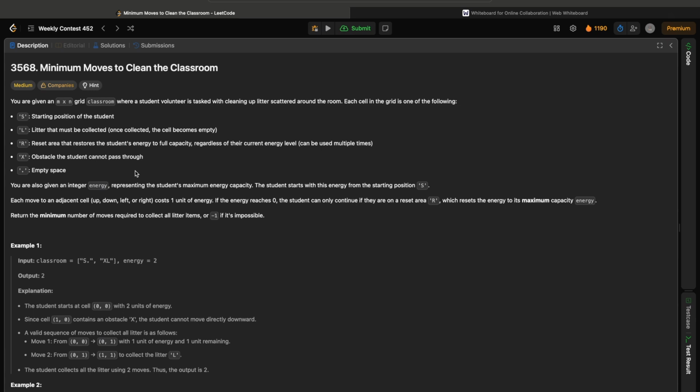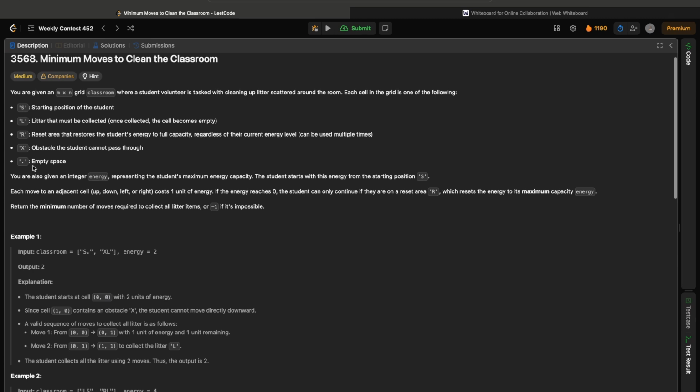So basically, when you reach this R point at any given point of time, your energy becomes the same as the full capacity. Basically, you get the same amount of energy again. X is nothing but the obstacle the student cannot pass. So basically, we can't pass through this obstacle, and dot represents the empty space.